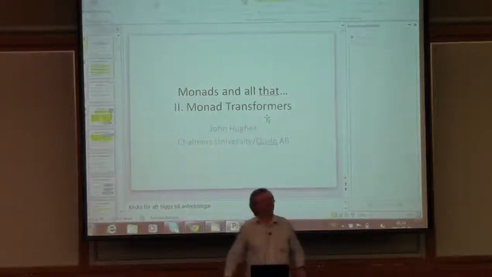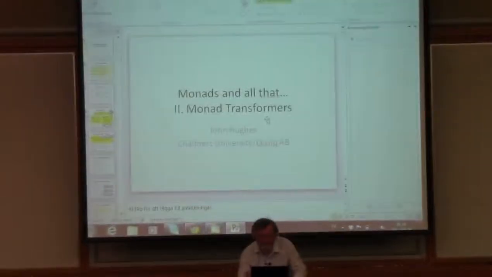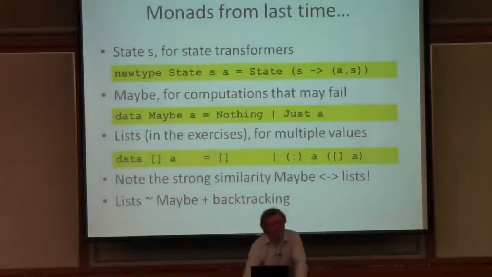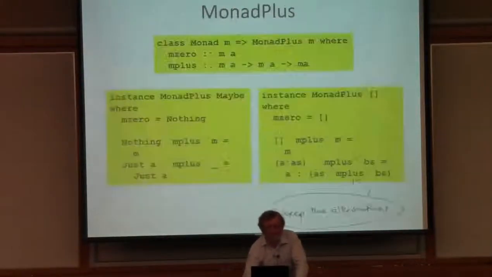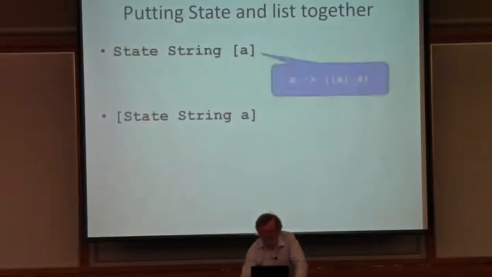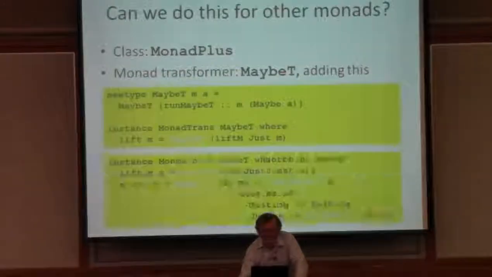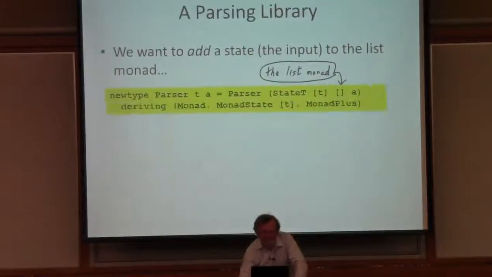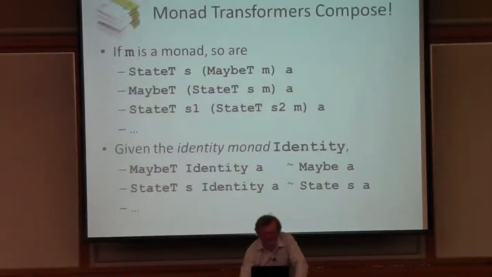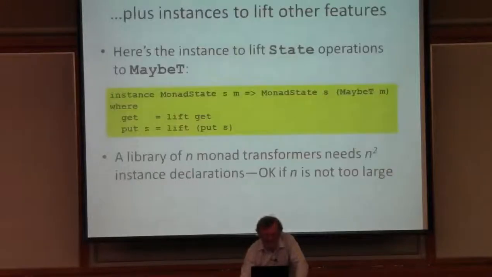Yes. So if you go back, monad instance for Maybe. Okay. Is it here somewhere? I think so.